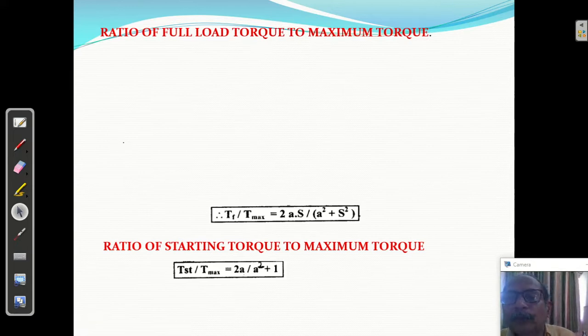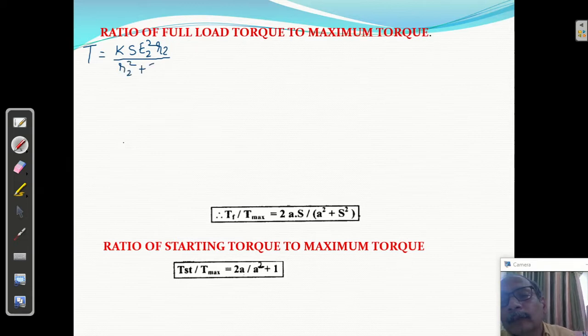Since we know torque equal to K S E2 square R2 upon R2 square plus S X2 whole square.